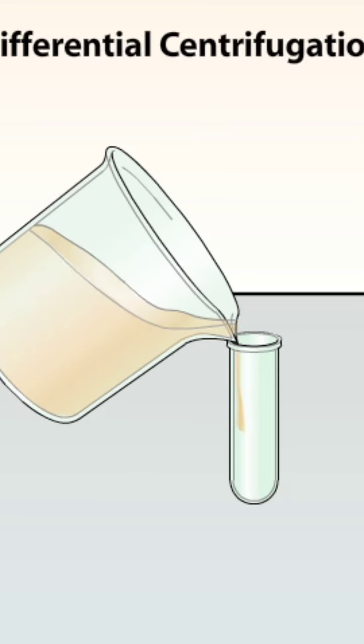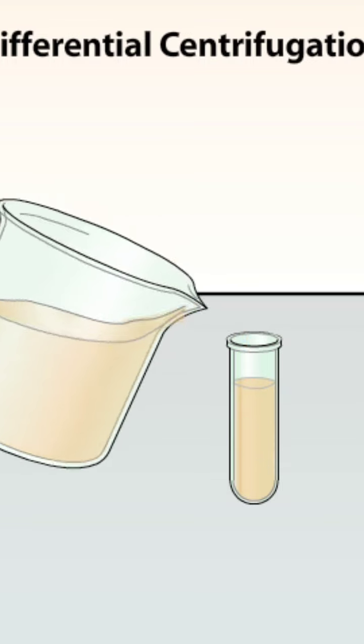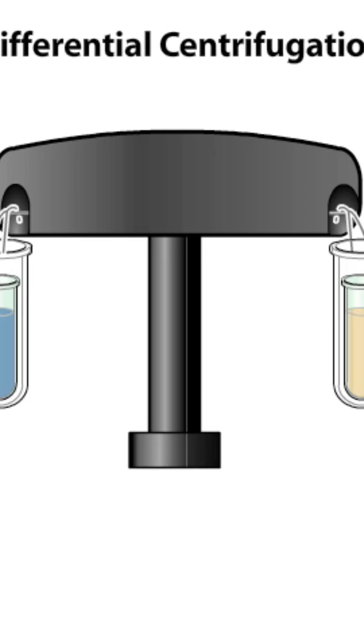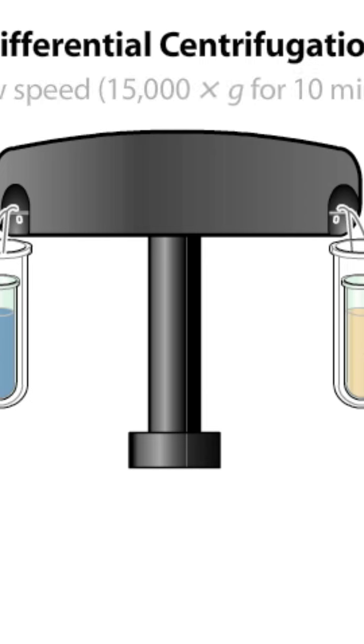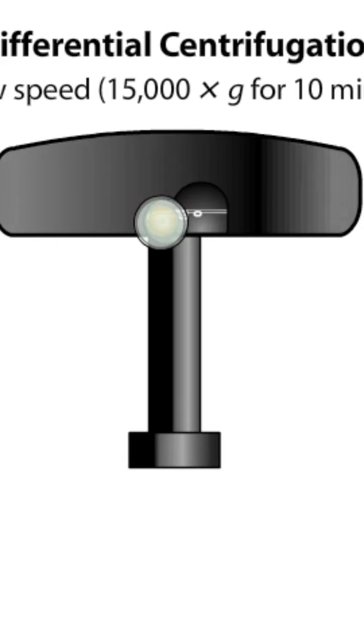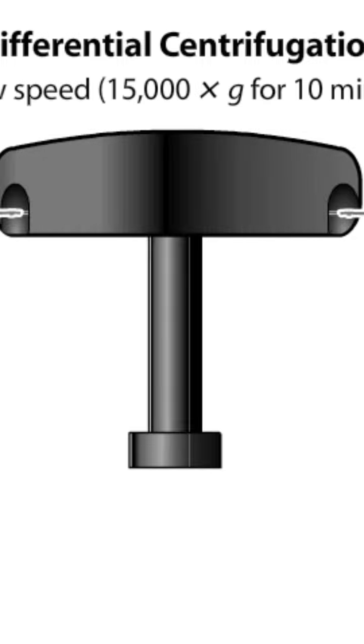In differential centrifugation, a tube is filled with a sonicated bacterial suspension and placed in a centrifuge. A second tube contains liquid for balancing the centrifuge during its spin. The first spin is usually set at a low rotation speed, producing a centrifugal force of about 15,000 times the force of gravity.